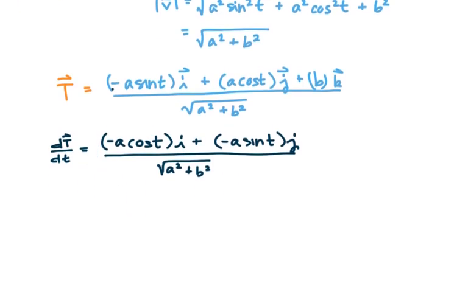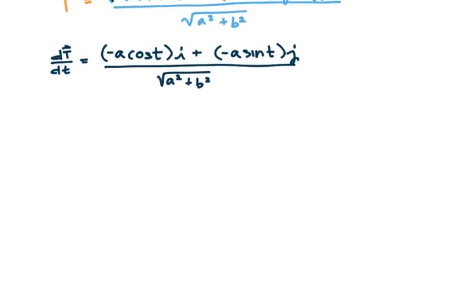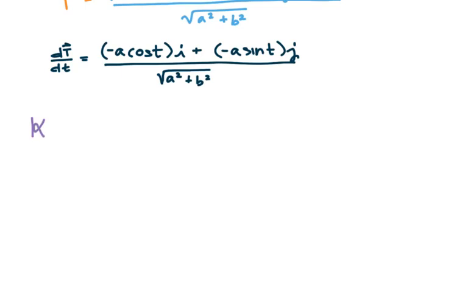All right, so the second step here is we're going to find curvature. Curvature, kappa, is 1 over the magnitude of v. So that's 1 over the square root of a squared plus b squared times the magnitude of the derivative of the unit tangent vector with respect to t.